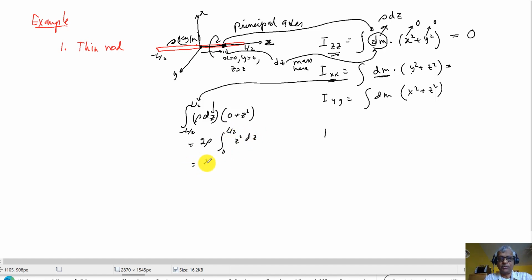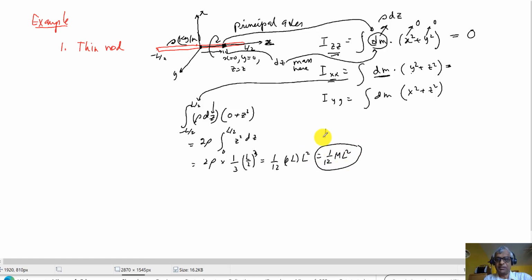And so 2 times rho, 1 over 3 times L over 2 cubed. Yeah, cube. And so the bottom is 24, so I get 1 over 12 rho L, which will be the total mass, times L squared. So 1 over 12 m L squared.